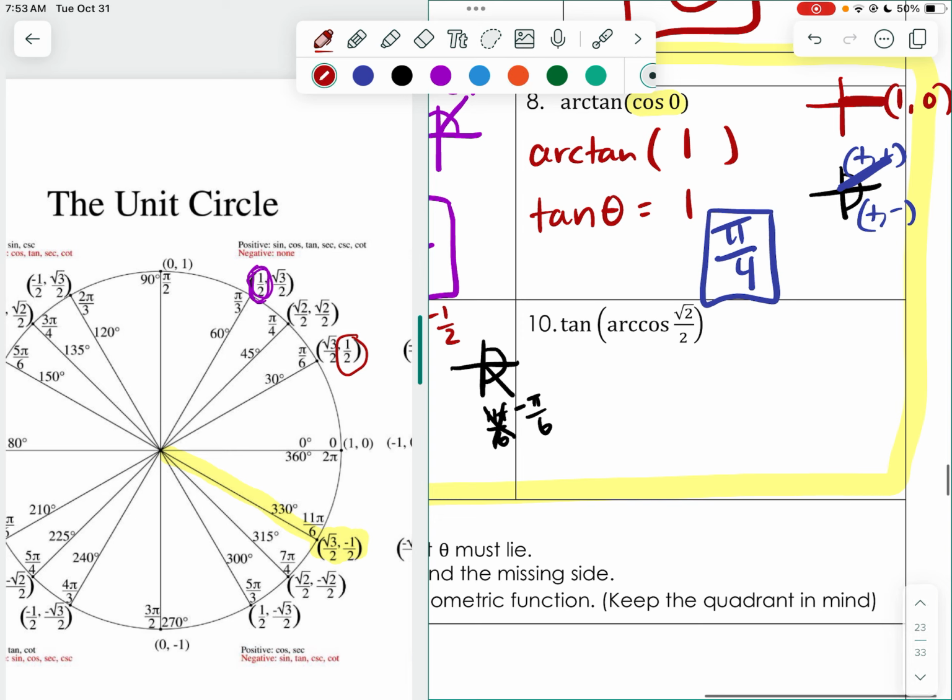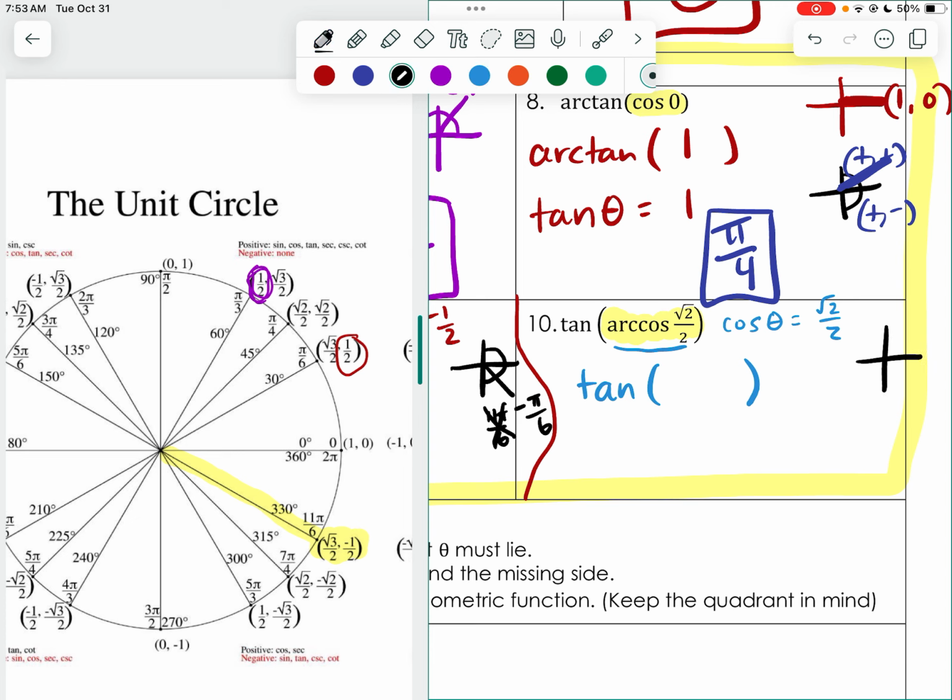So this one, again, has an inverse on the inside. So, again, just always do the inside first. Answer whatever question is on the inside. So this one I have the tangent of something, all right? So I have to find that something. So this means the cosine of what angle is root 2 over 2. So think about your cosine restrictions. Cosine can only be the top two.